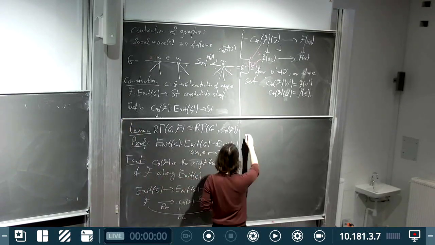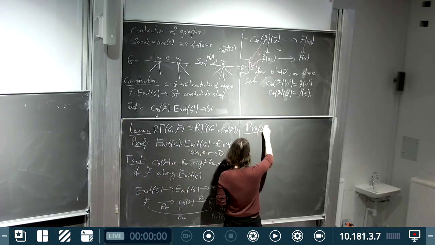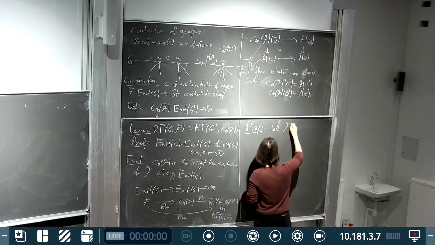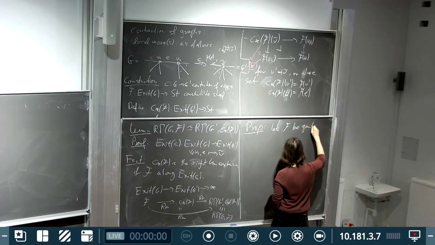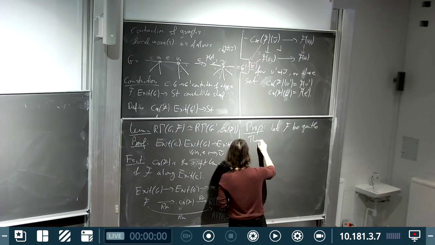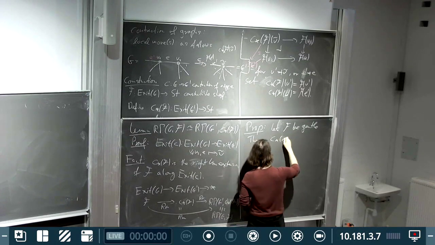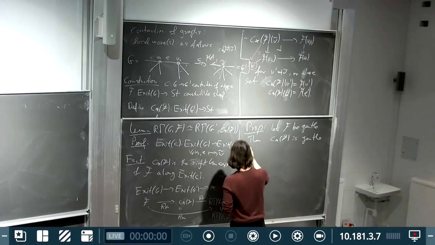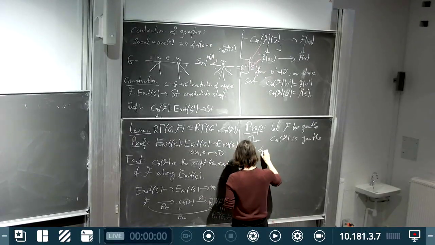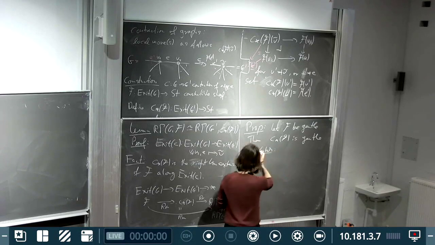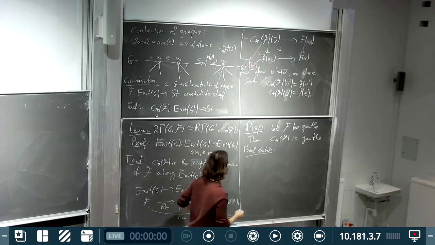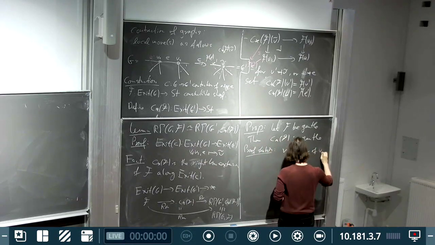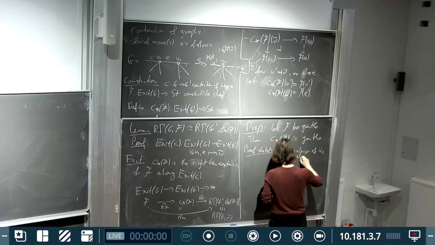And the crucial property now is the following: if F is gentle, then the push forward is also gentle. And let me sketch the proof. So we have these vertices V1 and V2. Let's say N is the valency of V1, M is the valency of V2.